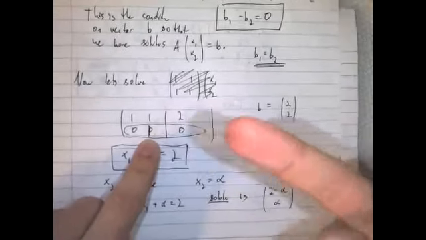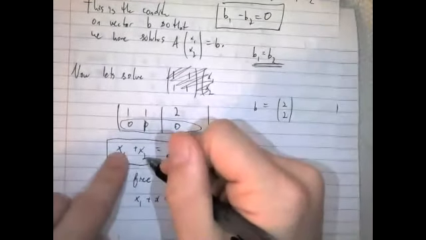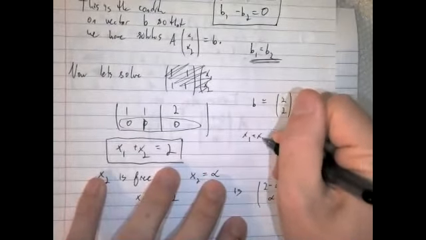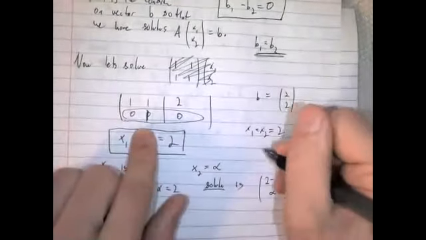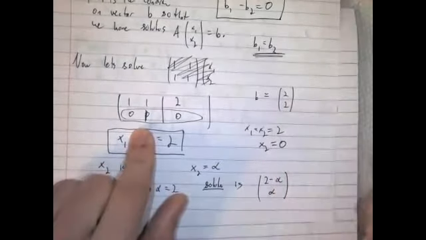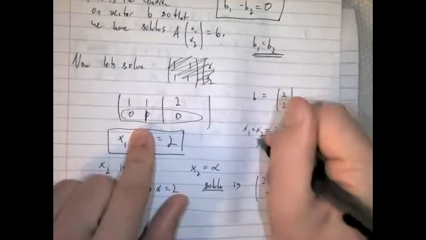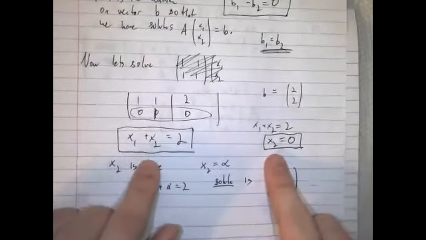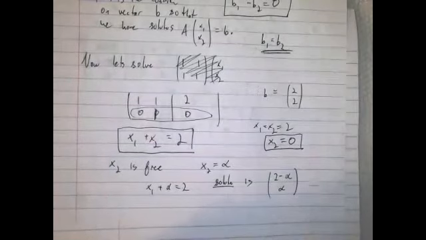And that solution is unique. And now, instead of this one equation, I have two equations. I have x1 plus x2 is equal to 2, and also x2 is equal to 0. So it adds in this extra condition on the vector x in order to be a solution.